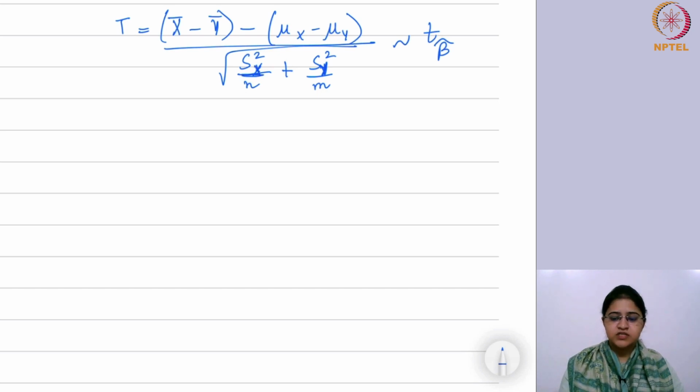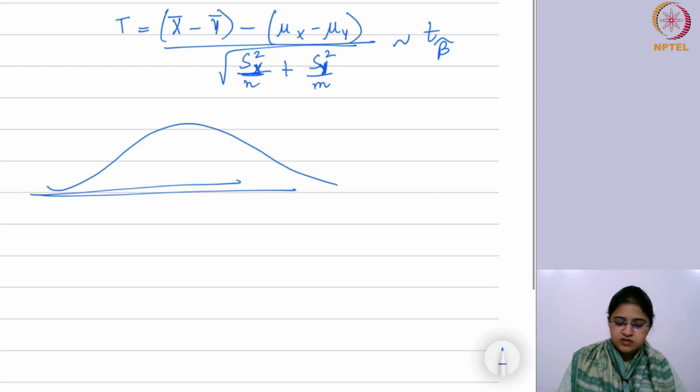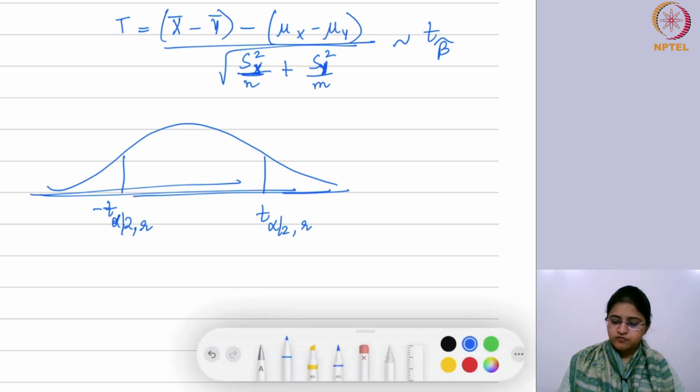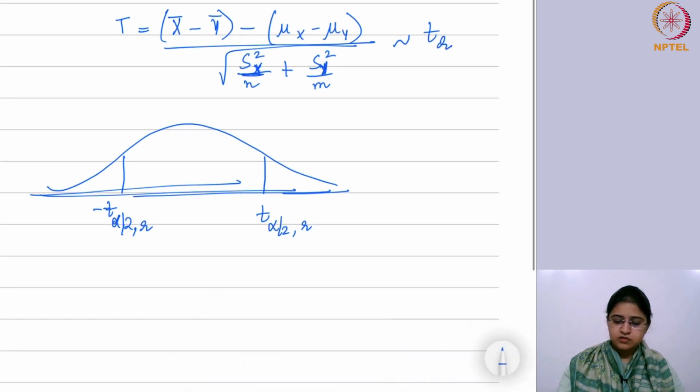Now we can easily use the same concept. If I consider the area in between, this side would be minus t alpha by 2 at r degrees of freedom, and this side would be t alpha by 2 at r. Instead of beta hat, I could replace this with r only, because if you cross-check, r and beta hat are the same quantities.